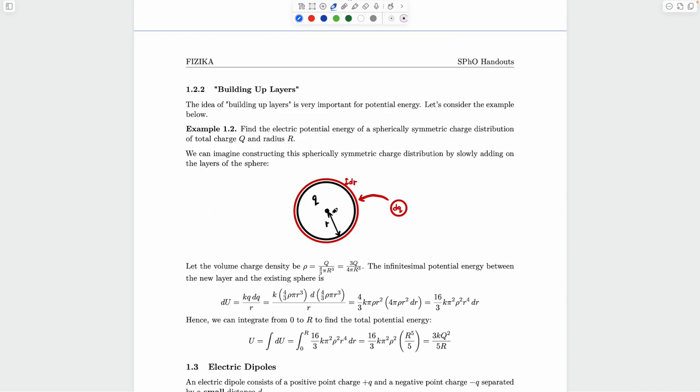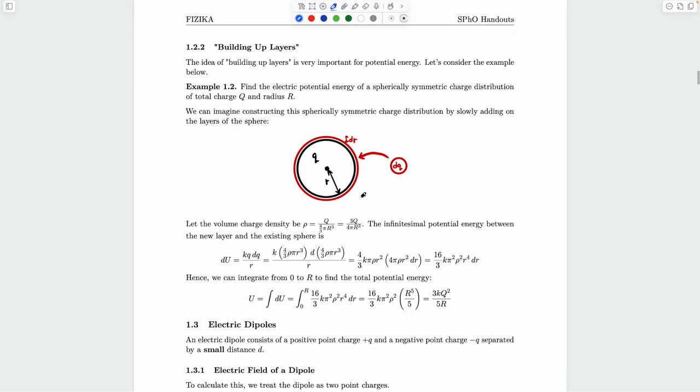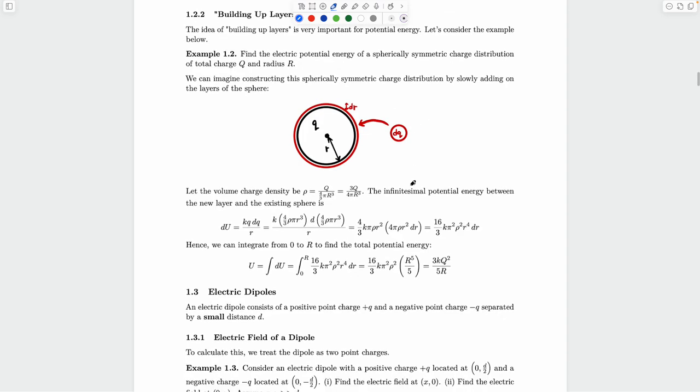Then you can use the shell theorem to determine the electric field at the boundary of each one, which is just kq over r squared. You write it as infinitesimal amounts of energy you need to add and integrate over all to determine the total energy needed. The learning point from this kind of question is that you can use a step-by-step approach, slowly adding on each charge element one by one.